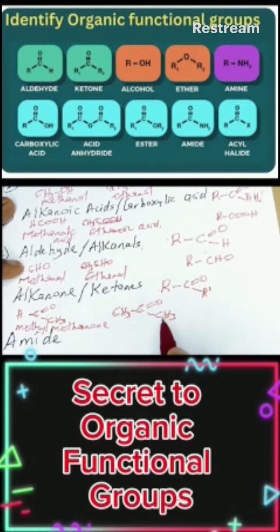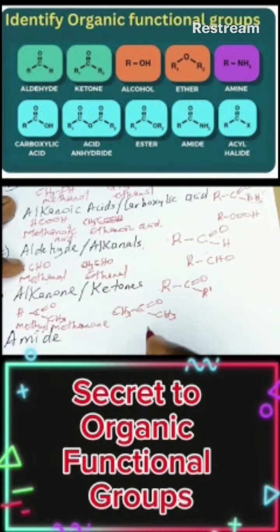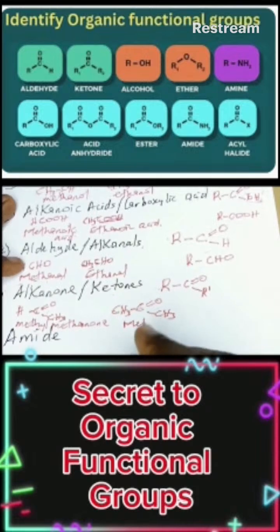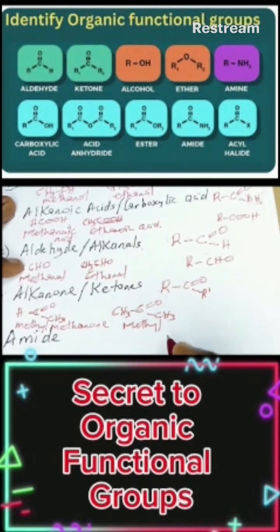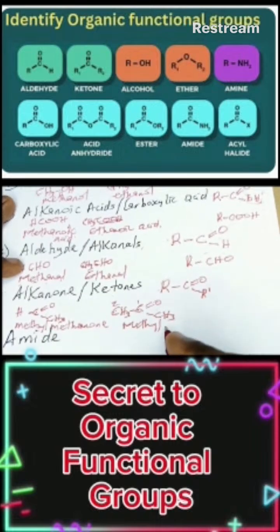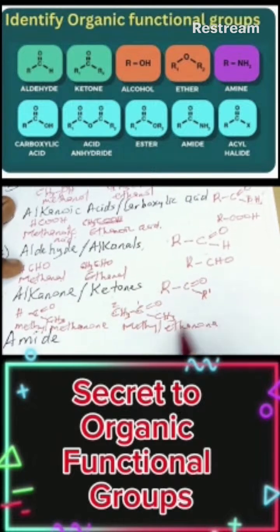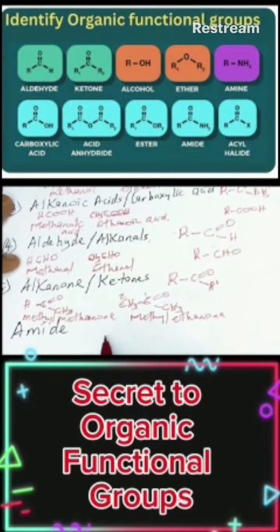So we start from the substituent. This is methyl. So this one will be called methyl because of this. So 1, 2. 2 means ethanone. Methyl ethanone.